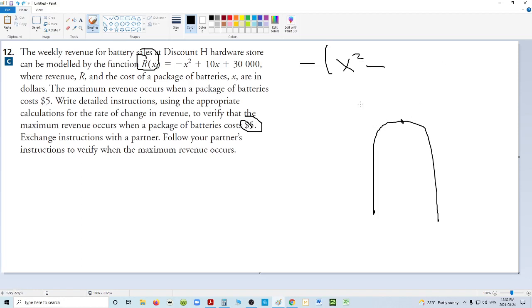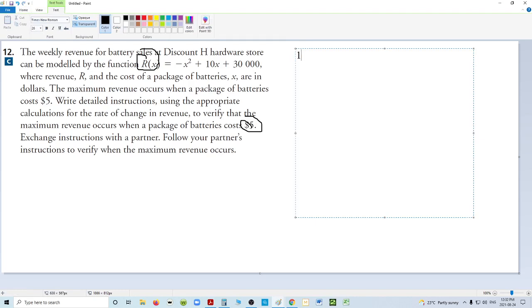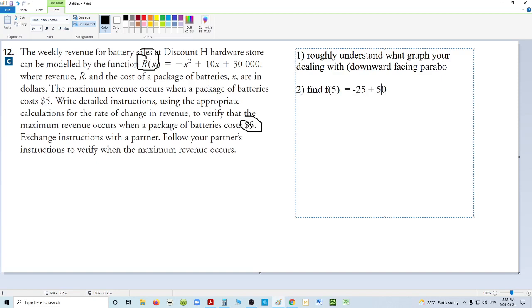But here are the steps that you must do. Step 1, roughly understand what graph you're dealing with. In this case, it's a downward facing parabola. Step 2, find f of 5, which in this case is -25 plus 50 plus 30,000 minus 25 plus 50, which is 30,025.